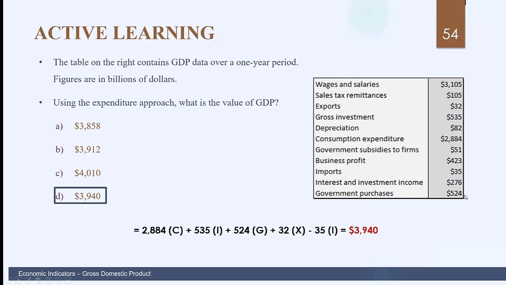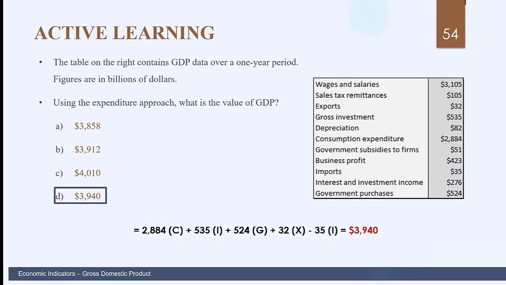Remember, when we calculate the GDP using the expenditure approach, we're adding in gross investment. We do not subtract off depreciation here. The next item is government spending or government purchasing, and that is told to be 524. And then we're also told that exports are 32 and we're told that imports are 35.